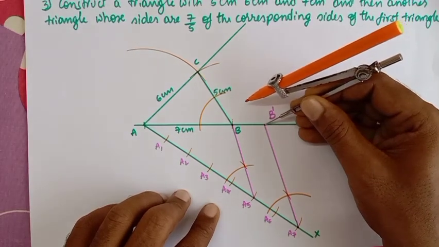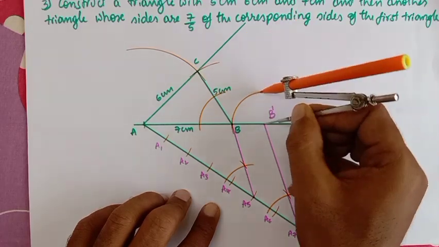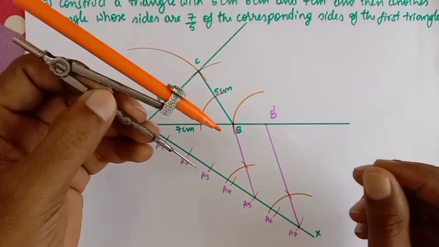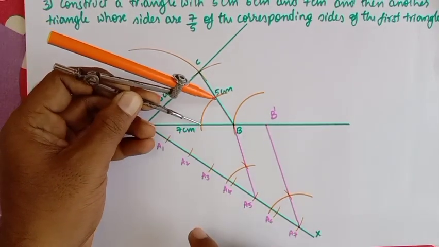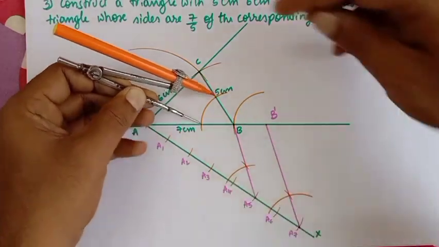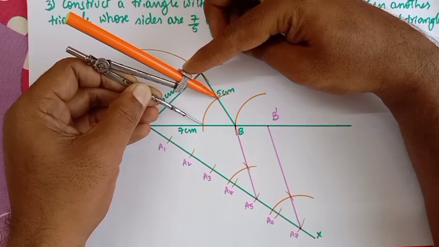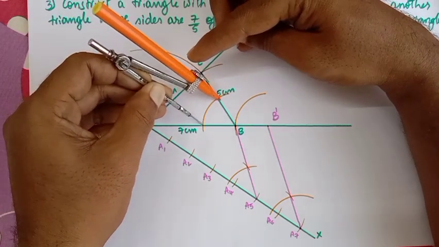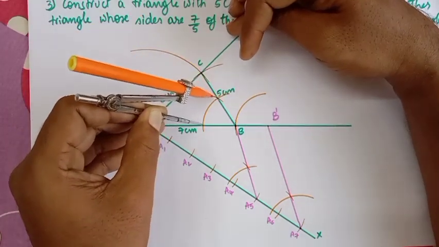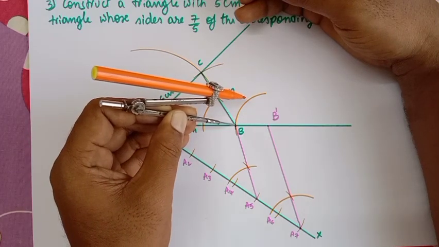And once again we should draw an arc from B dash, and then afterwards also, as we did here, the same procedure from this point of intersection of the line with the arc, we should adjust this pencil to the point of intersection of the line and the arc and draw a small arc, and then lift the compass and keep it at B.